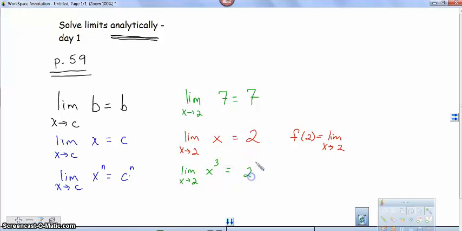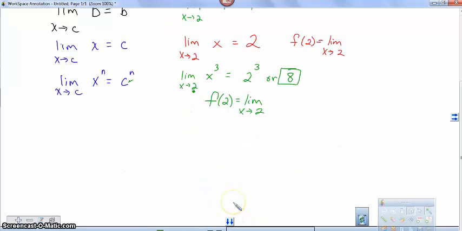That's going to equal 2 to the third, or 8. And you got to remember when you're looking at these functions like this polynomial function, a cubic's going to be continuous, so that's why that works out nicely. So f of 2 in this case, or whatever value you're going to, is going to be the same as the limit as x approaches 2. Both these two functions that we have these properties for are continuous, so that's why that works out nicely. Most of your problems for today will work out nicely.